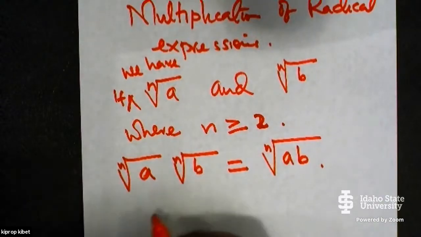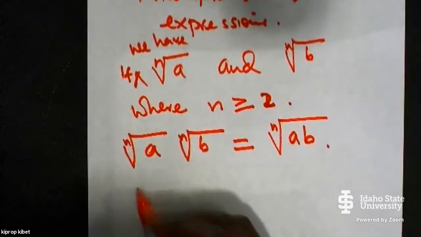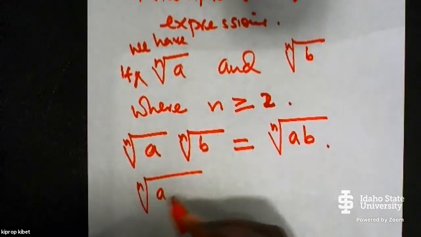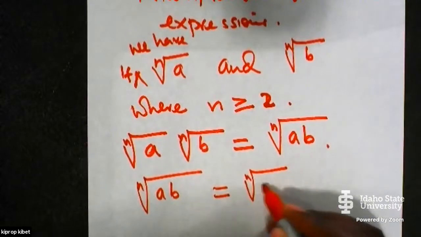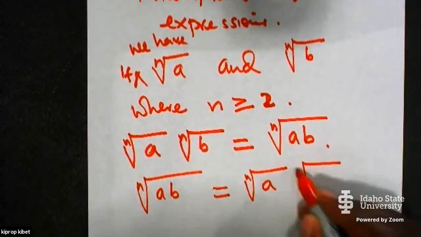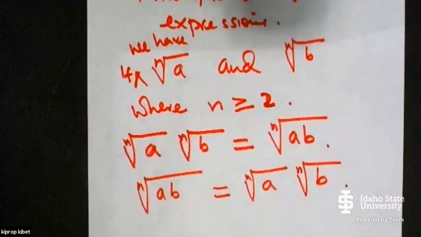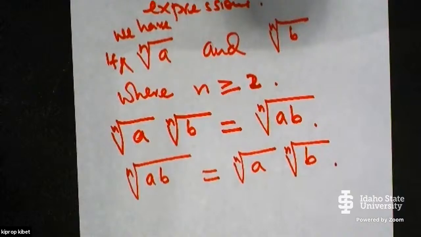Also, the nth root of a times b is the same as the nth root of a times the nth root of b.